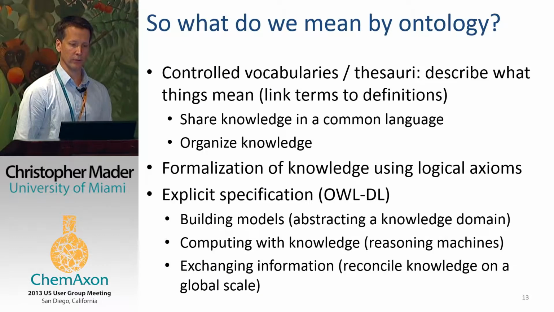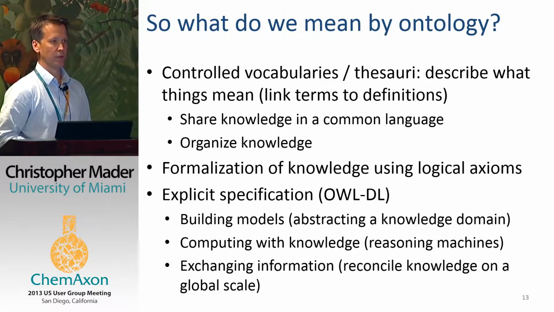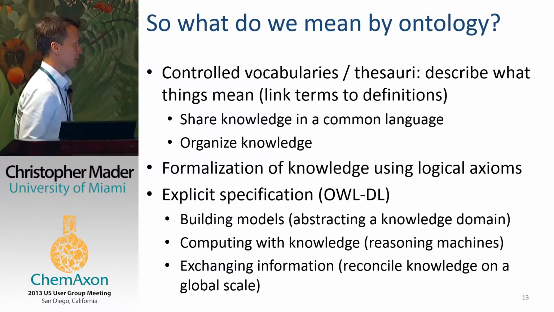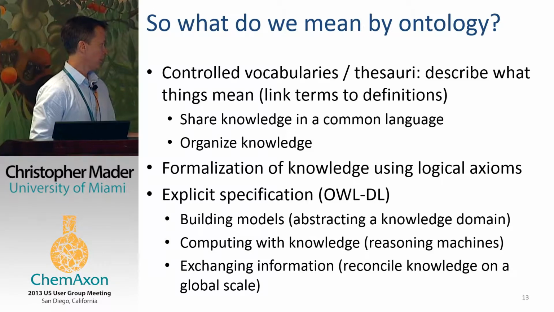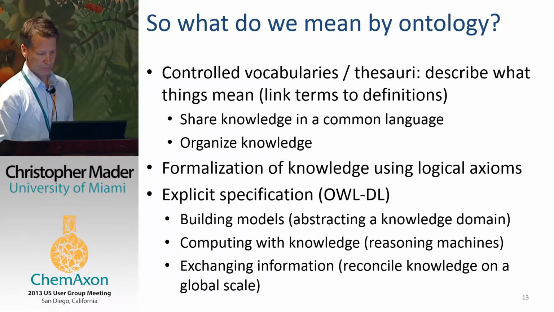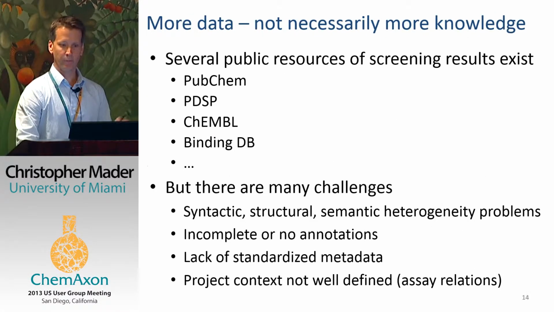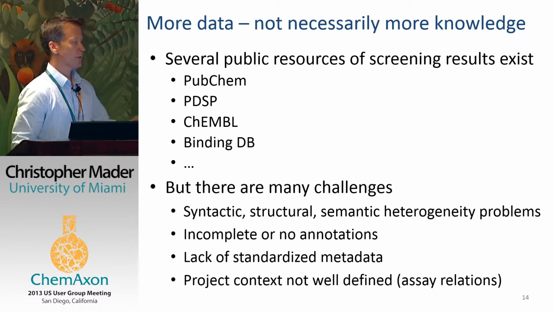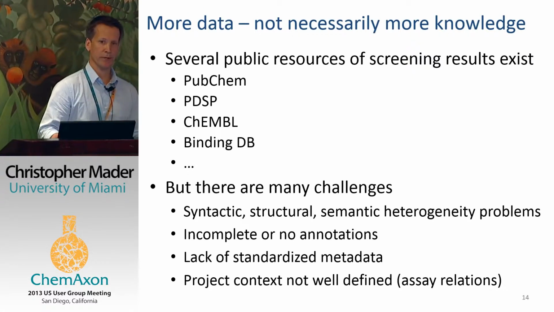So I'm going to go through this ontology quickly. From an earlier project, we developed this ontology called the bioassay ontology. What we mean by ontologies are controlled vocabularies, and in our case also a more formal OWL-based ontology. BARD makes use of that as well, and the reason the ontology was developed is because there's a lot of different representations of this information.